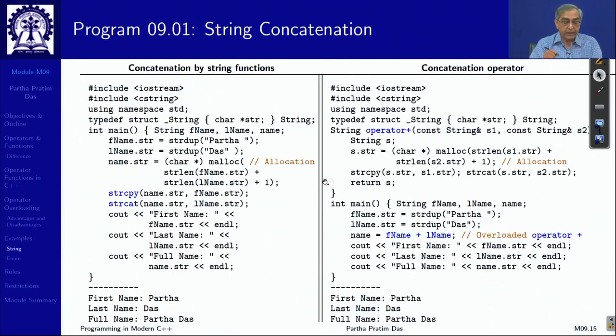So, a couple of examples of operator overloading, quick ones. This is concatenation by using the C string functions, and this is how you will concatenate two parts of the name: copy the first one and then concatenate the second name. And this is using C string, again you are overloading the operator.